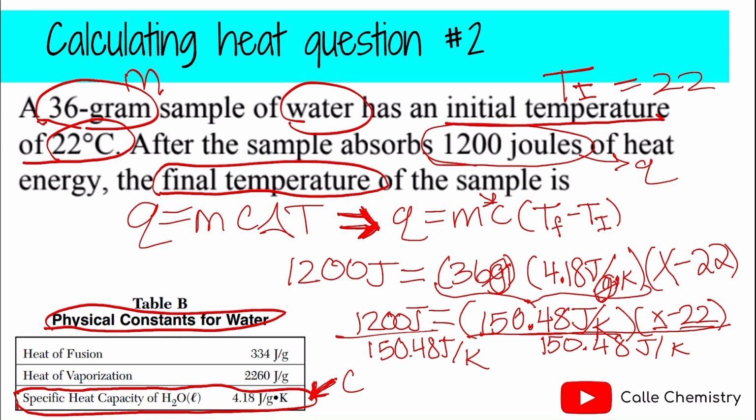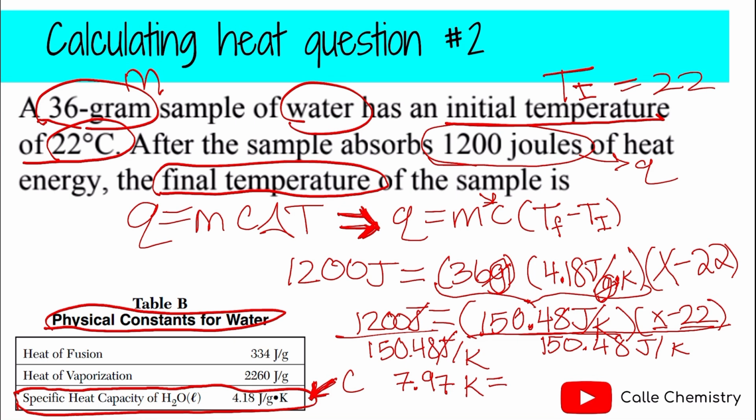Put this on your calculator, and you're going to get 1200 divided by 150.48. You're going to get a number of 7.97. In terms of units, we see that the joules is here, and also another joules is here. And they cancel out. So we are now left with Kelvin.